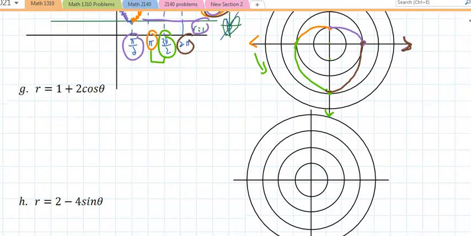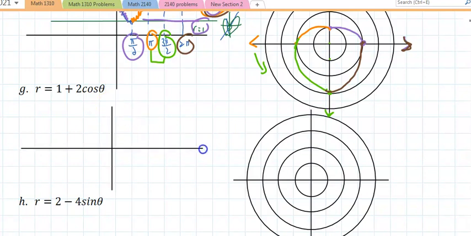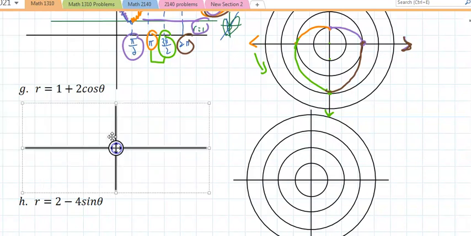How about part G? If I go to G and I sketch a graph of one period, I have r equals 1. I go up 1 unit.